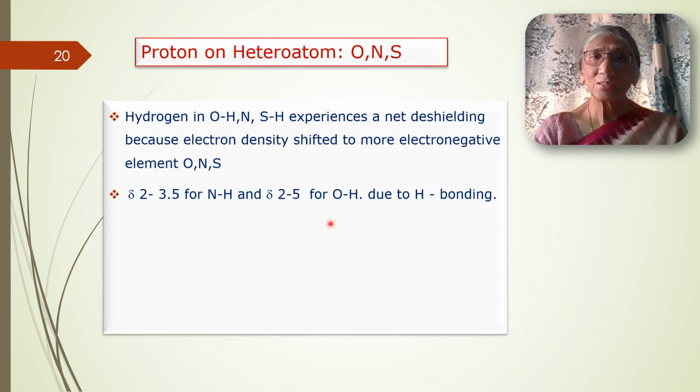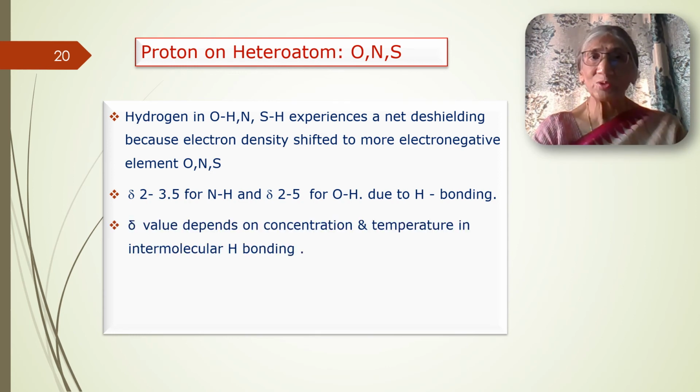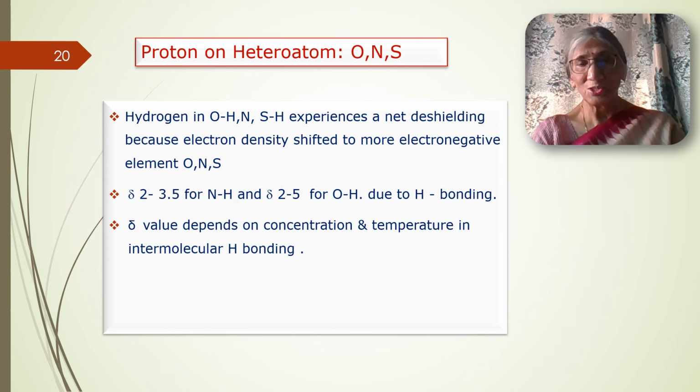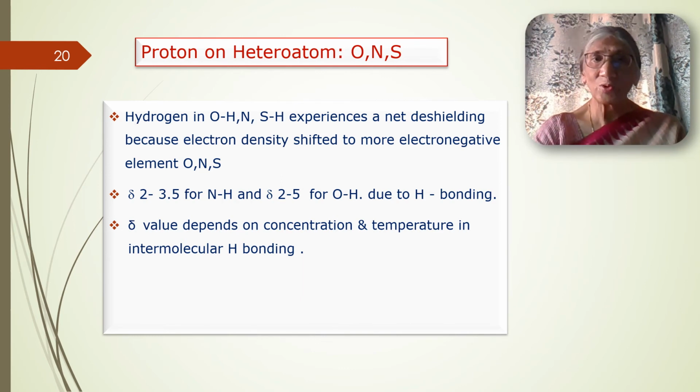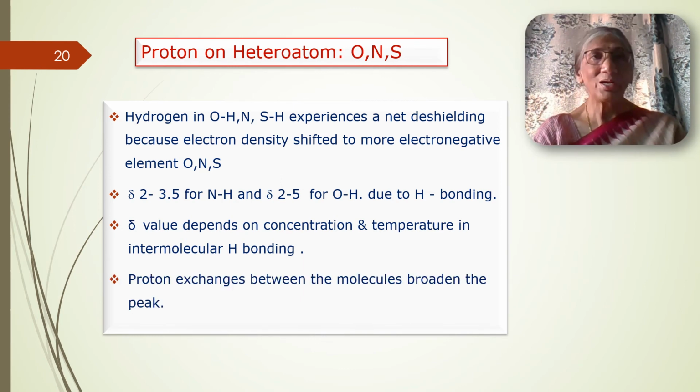Now these protons show hydrogen bonding also, and if it is intermolecular hydrogen bonding, then it is temperature dependent and concentration dependent. And these protons can be exchanged by deuterium also.